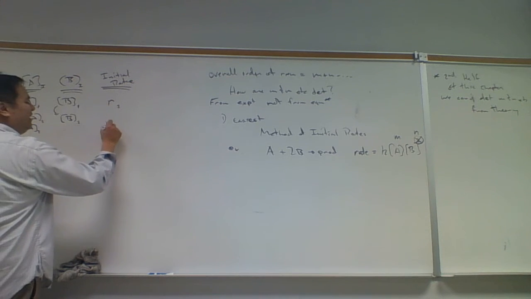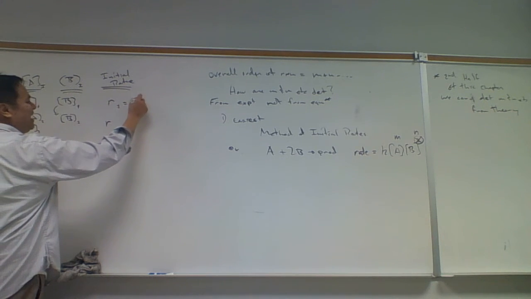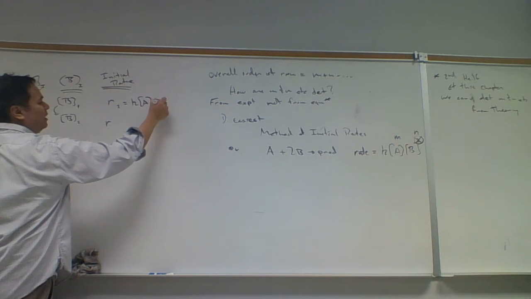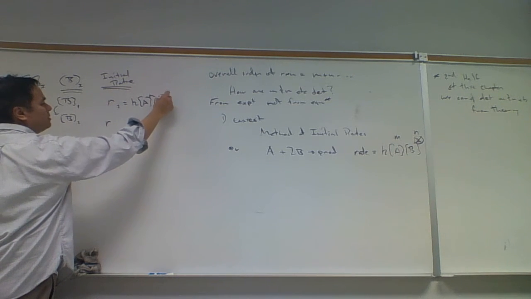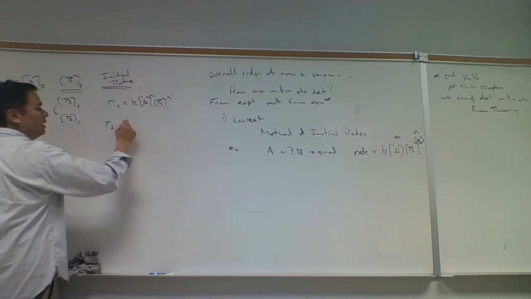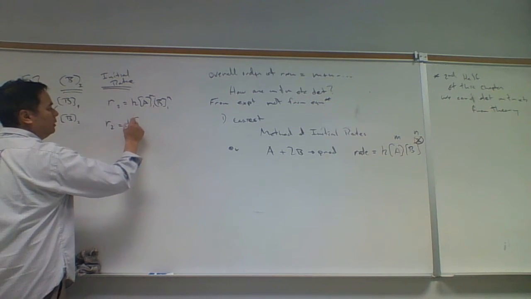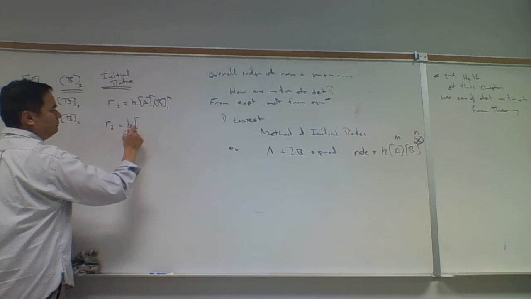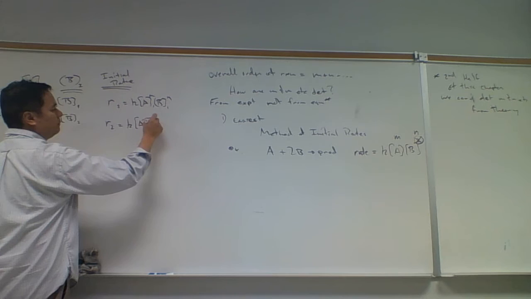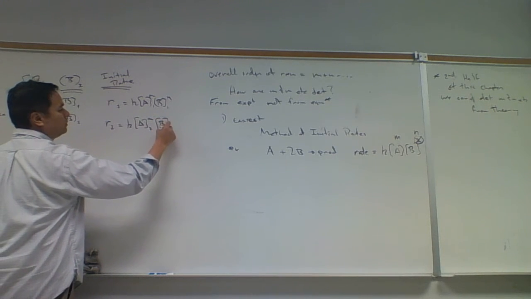Rate 1 is equal to k [A1]^m [B1]^n. Rate 2 is equal to k [A2]^m [B2]^n.